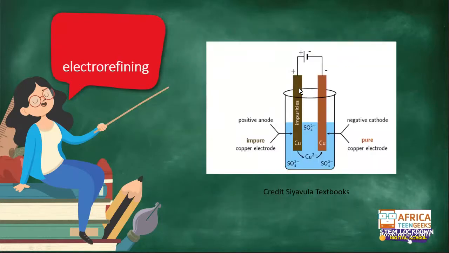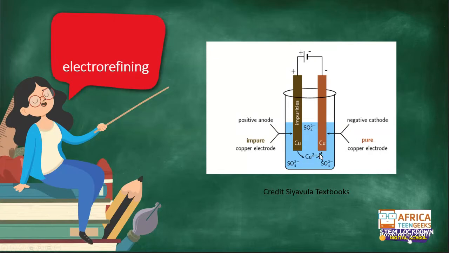So I'm going to show a picture which explains it easier. You've got your impure copper on the anode side. When it's impure, it just means there might be some iron in there, might be some silver in there, any other metal or substance you can think of. Then they run a current through this, and electrons are extracted out of the impure copper and go through the system. As the electrons are being extracted, your copper falls off as an ion.